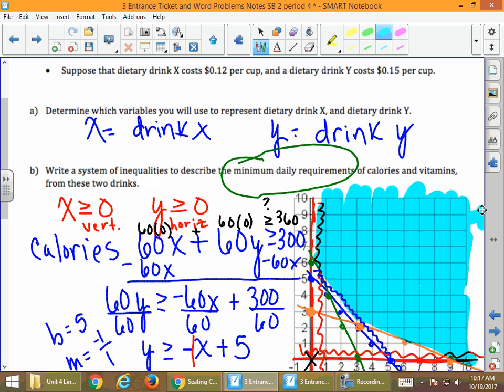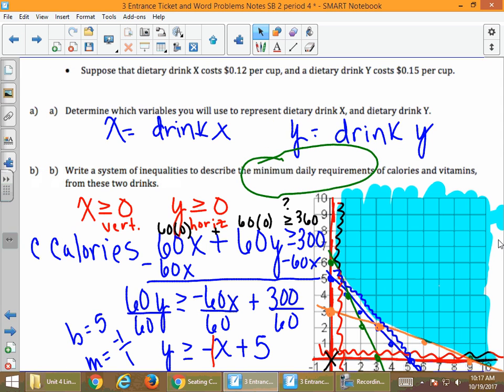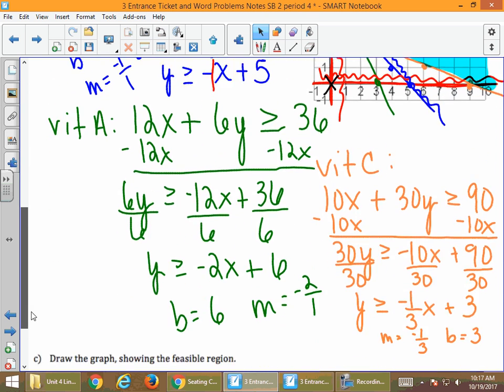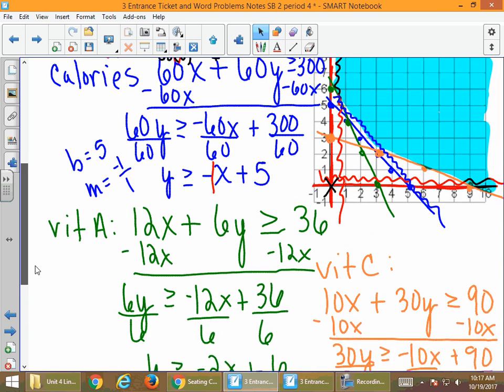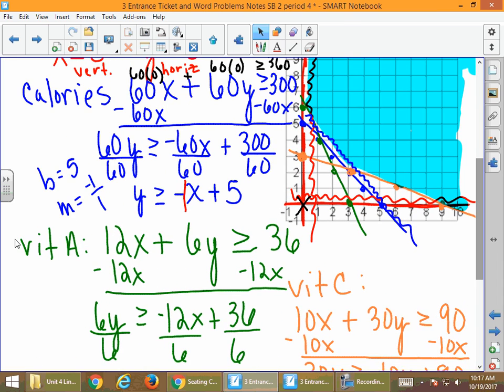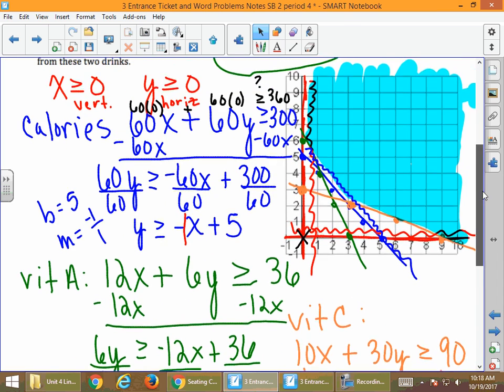So roughly there's our picture. Let me scoot it so that we can see it. A little bit better. There's where we shade on this one.